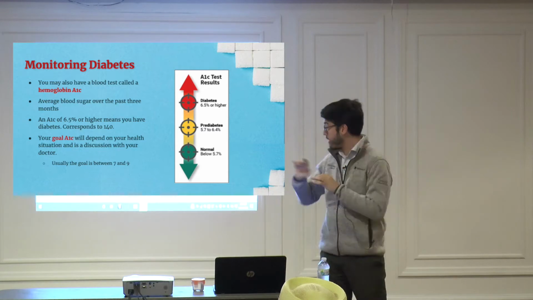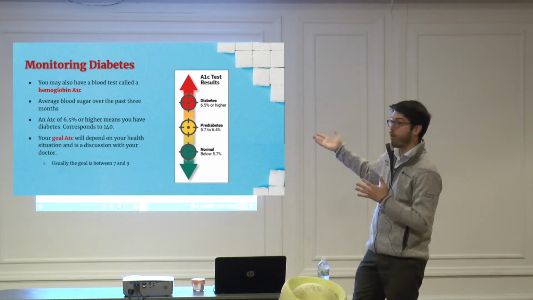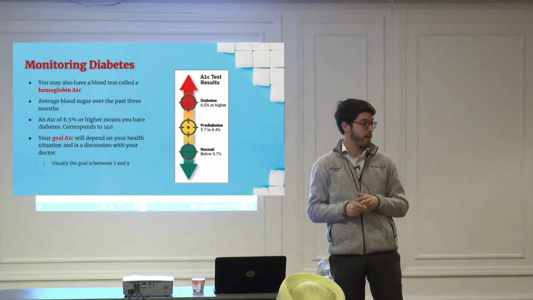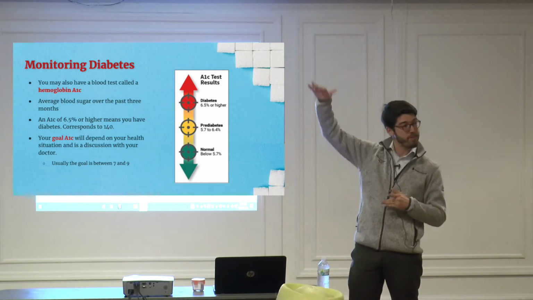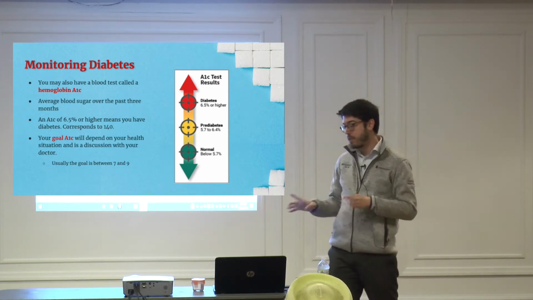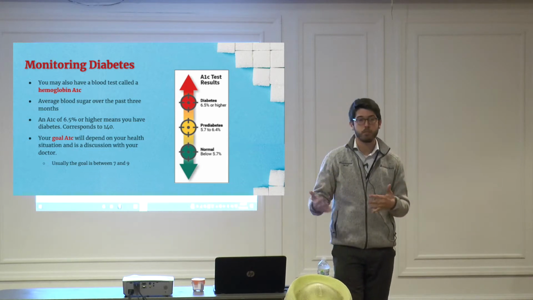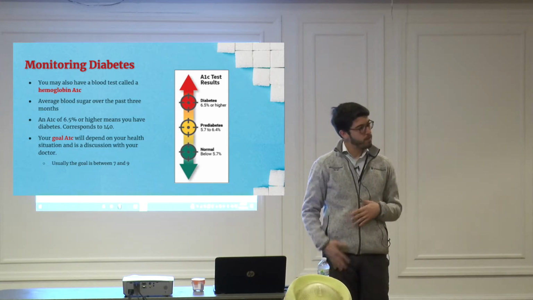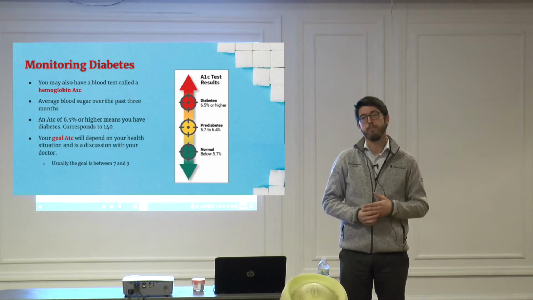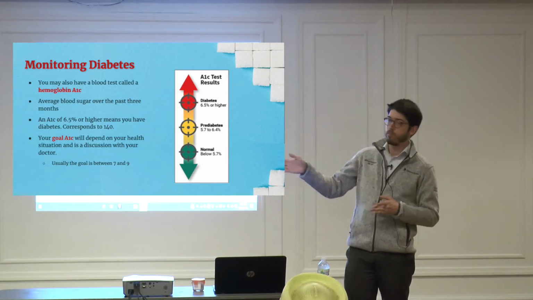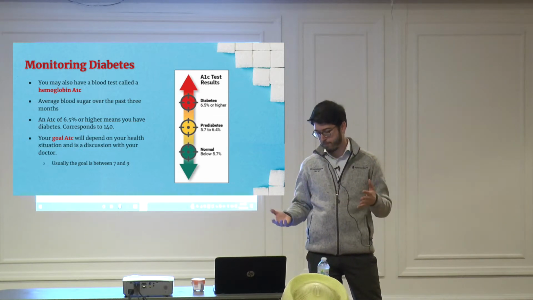So you can see in the yellow, 5.7 to 6.4 is pre-diabetes, or that higher risk for diabetes. Higher than 6.5, that means you have diabetes. So this is a test that we typically do every 3 to 6 months to a year, depending on how controlled diabetes is. And it gives us an idea over the long term how the diabetes is doing.